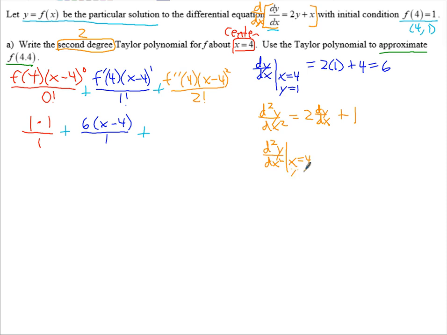The reason you're able to do that is we already know from right here the value of the first derivative at this point is 6. So we can substitute first for the dy dx, plus 1 gives you 13. So that's what the second derivative at 4 is, 13 times x minus 4 squared over 2 factorial, which is just 2 times 1, which is 2.